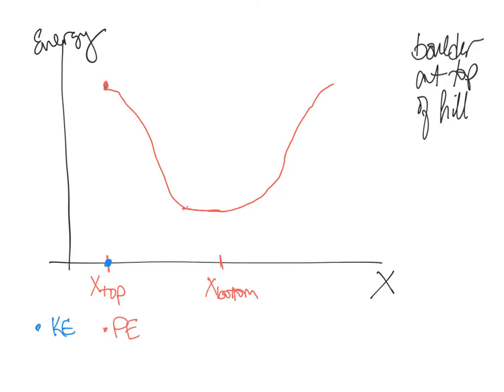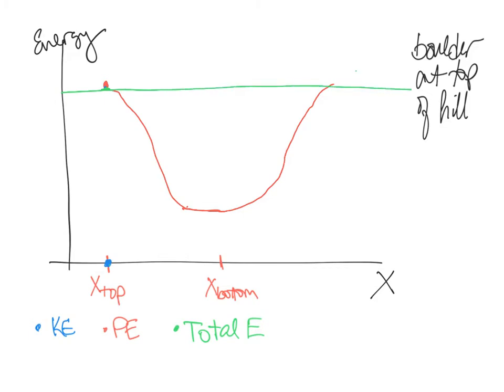So if I want to talk about the total energy, I'll pick green, total mechanical energy, okay, that's kinetic plus potential, right? So if I have no kinetic and all potential, then this is my total energy. Well, what do we know about the total energy? The total energy is going to stay the same, okay?